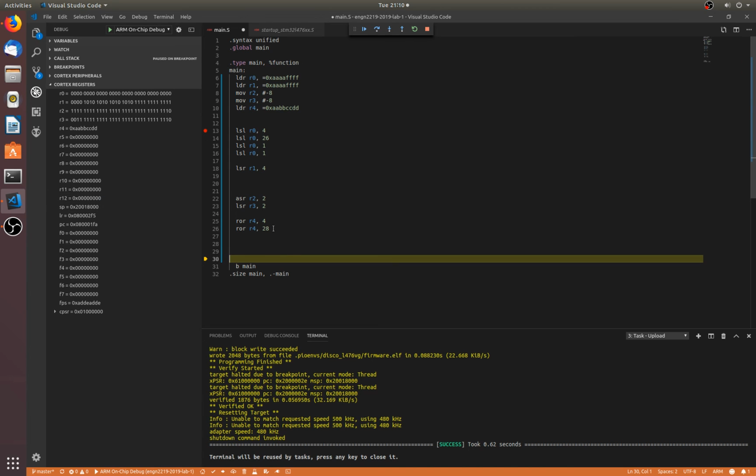So if you want to do a rotate left, then you rotate right by 32 minus however many places left you want to rotate. So to rotate left, we rotate right 32 minus the number of bits we want to rotate left.